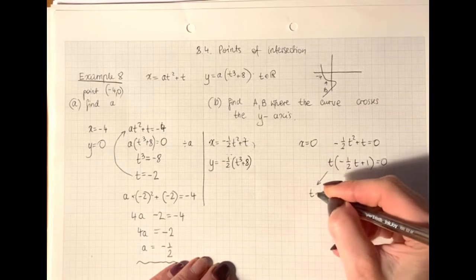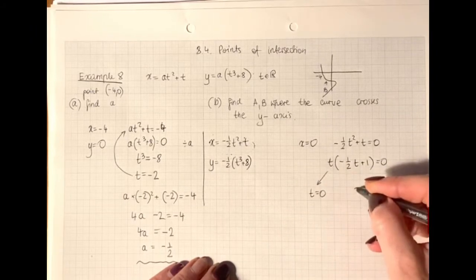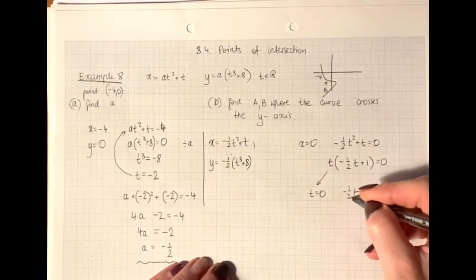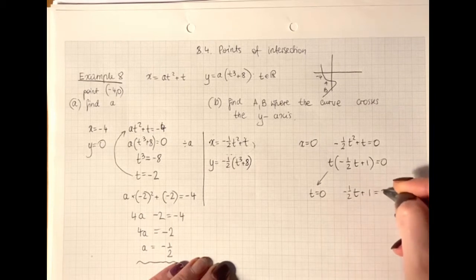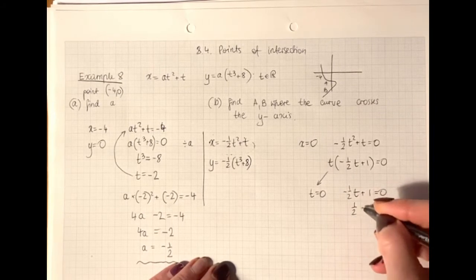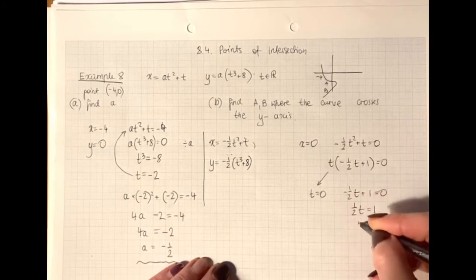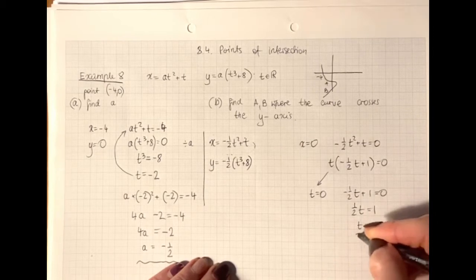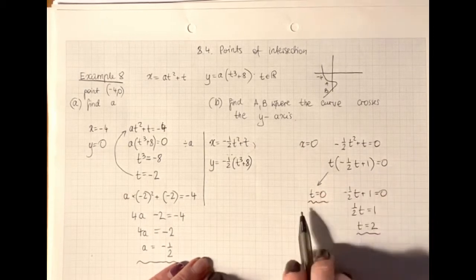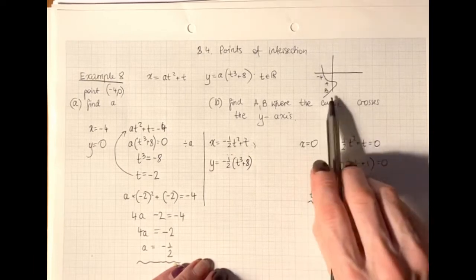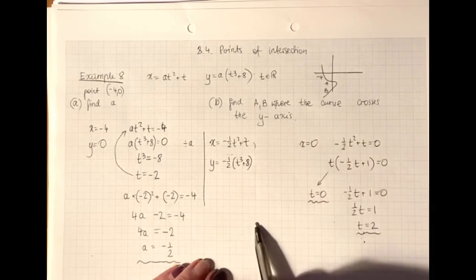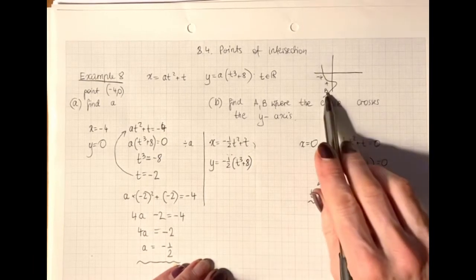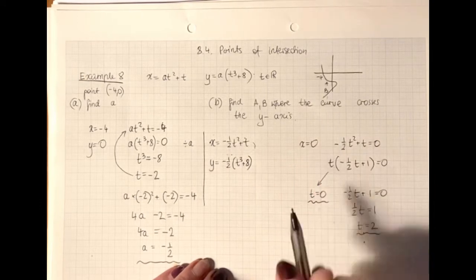So this happens for t equal to 0, or -1/2 t plus 1 equal to 0. So that gives me 1/2 t equals 1, t is equal to 2. Now these two values allow me to find the y-coordinates of this point A and the point below, point B.